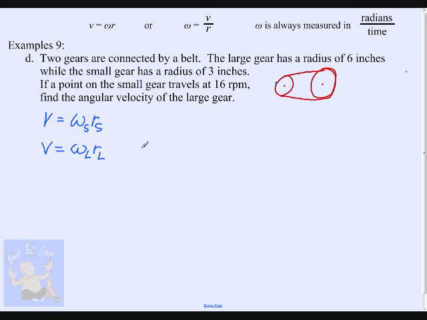We know both the radii, so since these are both equal to v, I could set them equal to each other. Omega small, and what was the radius here? Well, the small one was 3, so let's do it this way. And the radius of the large one was 6.